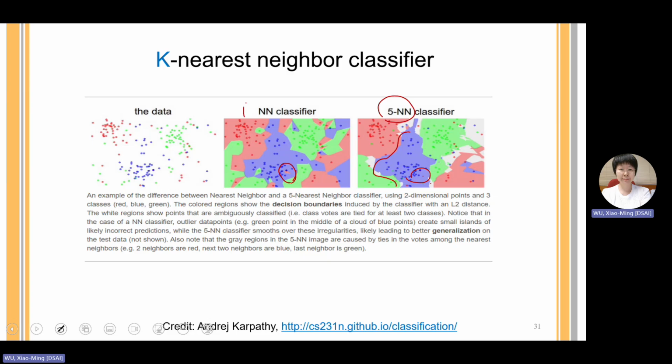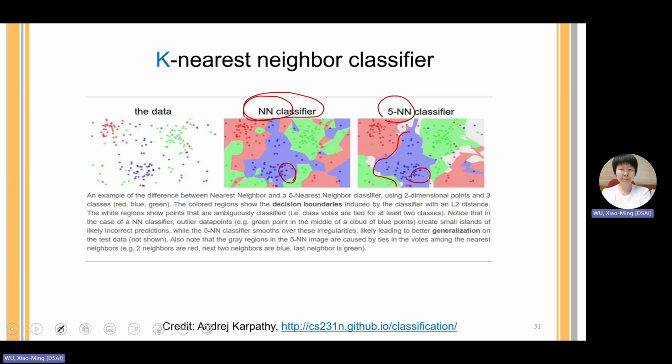What are the limitations of the one nearest neighbor classifier? From our comparison, we know that it's sensitive to outliers, because it's one nearest neighbor. It doesn't have the ability to filter out or smooth out outliers because it relies on only one nearest neighbor to make the decision.